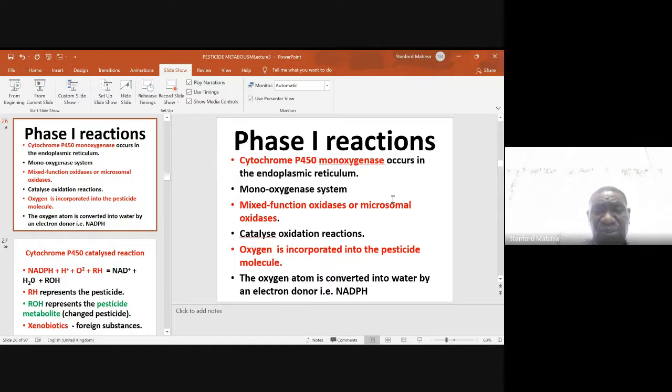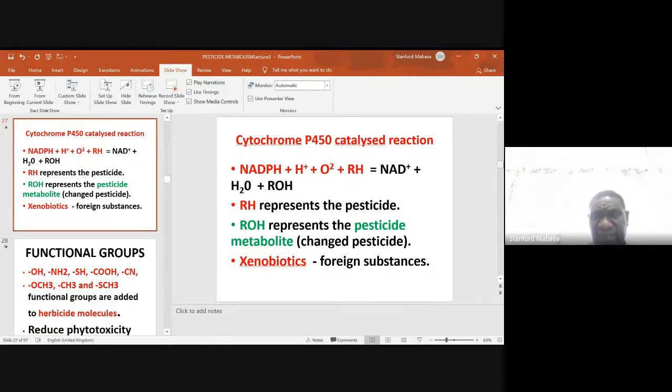The oxygen atom is converted into water by the electron donor NADPH. This then is the basic reaction of cytochrome P450, where you have NADPH plus H+ and oxygen plus RH equal to NADP+ plus H2O plus ROH.